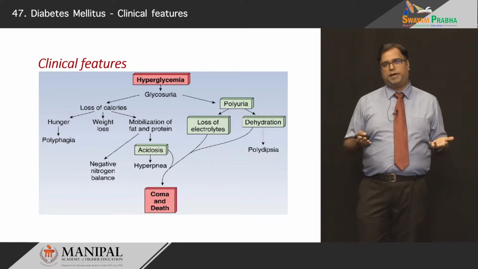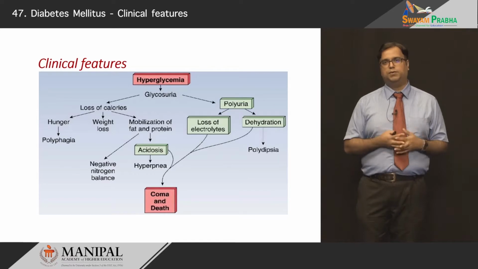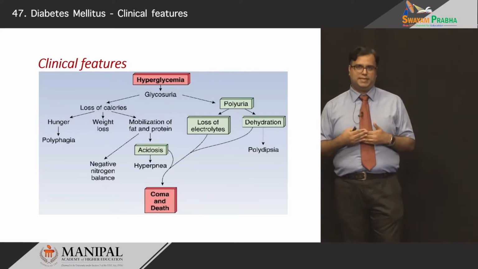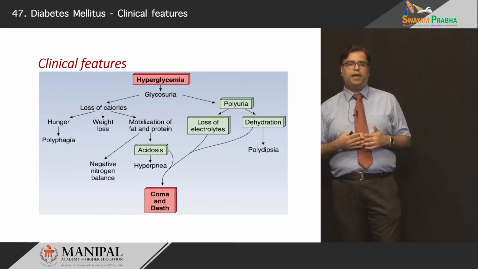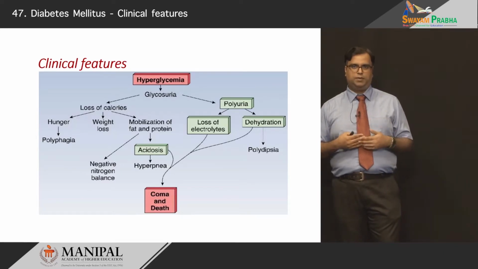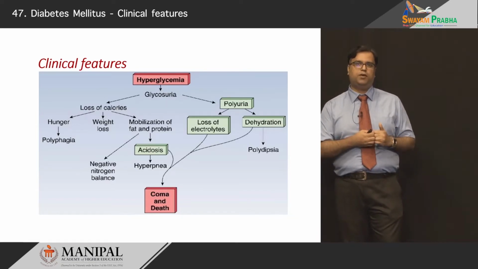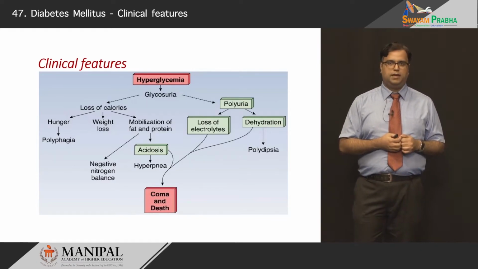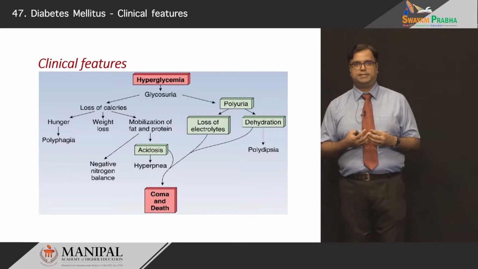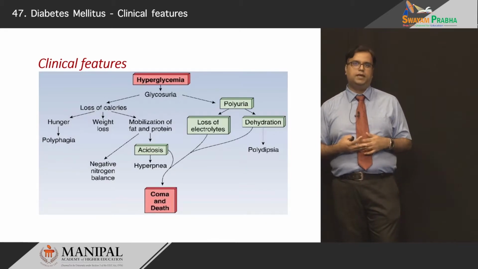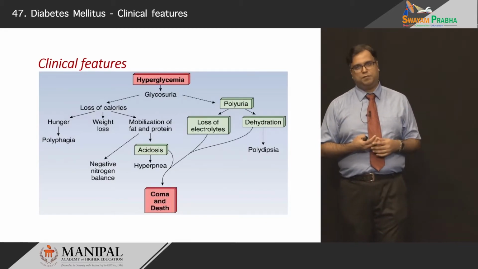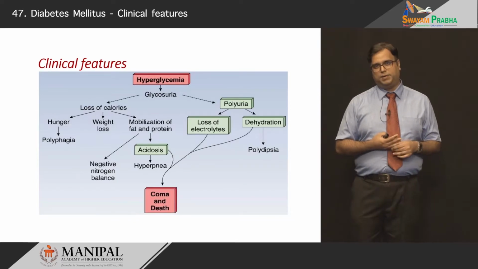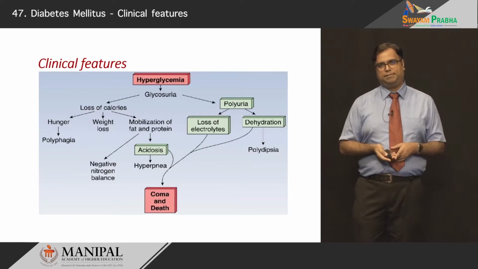And then of course, your other macromolecules such as fat and protein will be utilized in place of glucose, resulting in a more acidotic state, called metabolic acidosis, and the patient will have hyperpnea, okay, increased breathing to blow off carbon dioxide. They also tend to have, because of breakdown products of amino acids and protein, a negative nitrogen balance, and eventually all this coalesces, resulting in cumulative damage to the patient. The patient becomes comatose and of course, can sometimes be morbid as well, resulting in mortality, such as death.